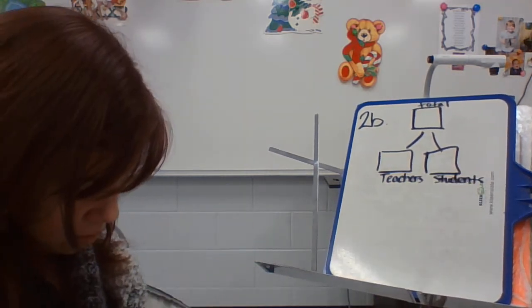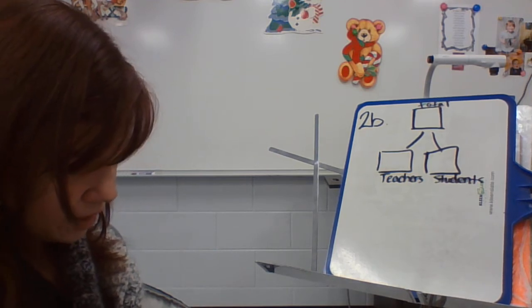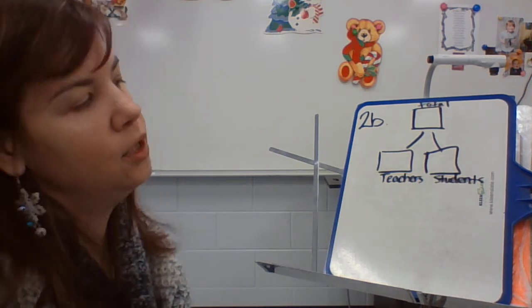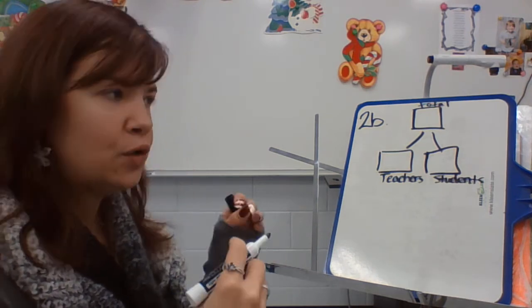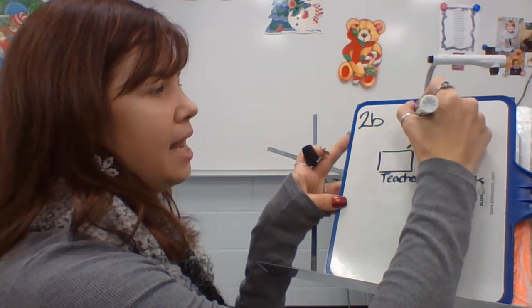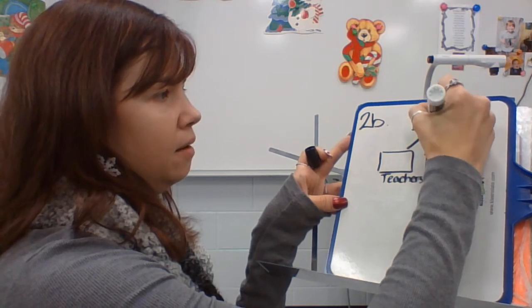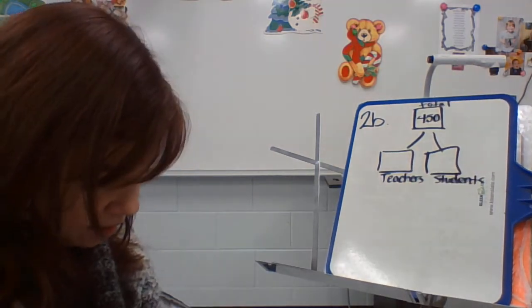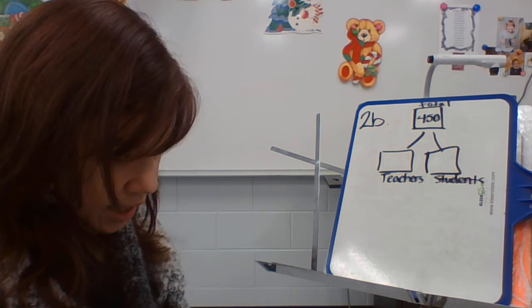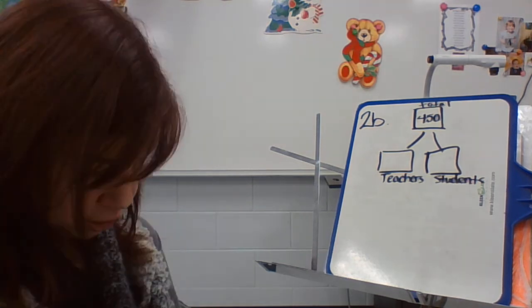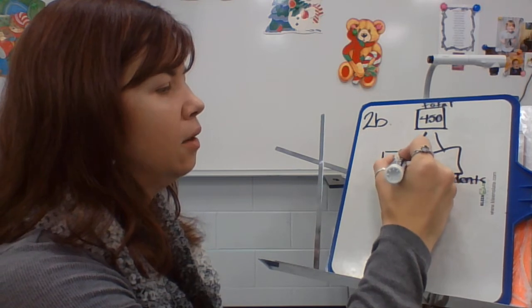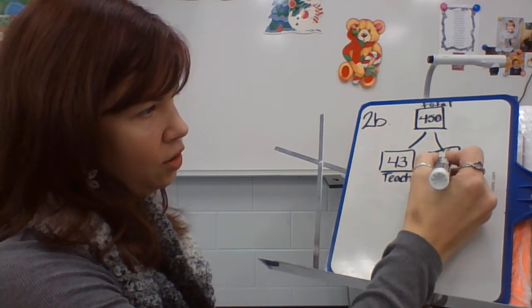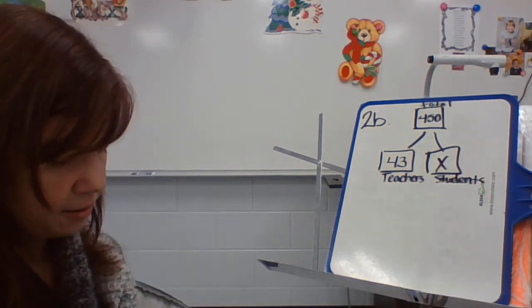All right, so a school's teachers and students filled a 450 place auditorium. If they're filling that, that's telling me that's teachers and students together, so that is everybody. 450. If the school has 43 teachers, okay, so that's telling me that there are 43, and we don't know how many students there are.